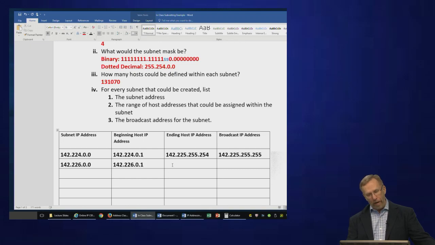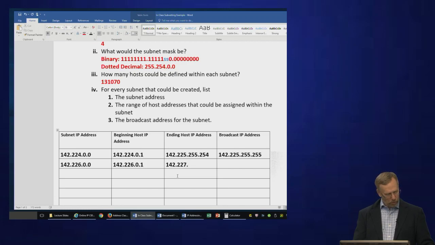Once I know the pattern of my subnets, it's just going to repeat. This one's going to be 227. .227 again. And I could do the rest of this just to get you started.